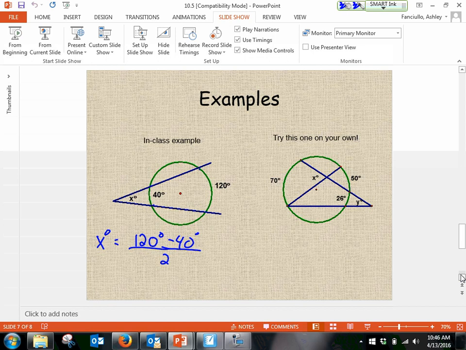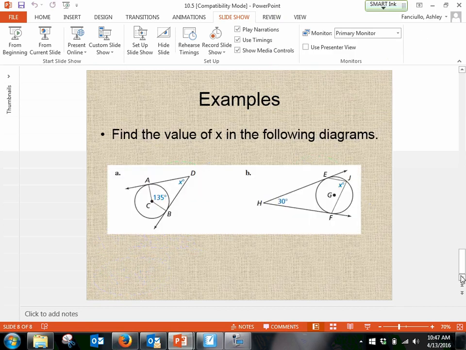So take 120 minus 40, which is 80, and then cut that in half, and you get x to be 40 degrees. Okay, so these problems, just make sure you remember the entire circle is 360 degrees, and that should help if you don't have 2 different arcs that are labeled. So try the second one on your own, and then we have this last one.